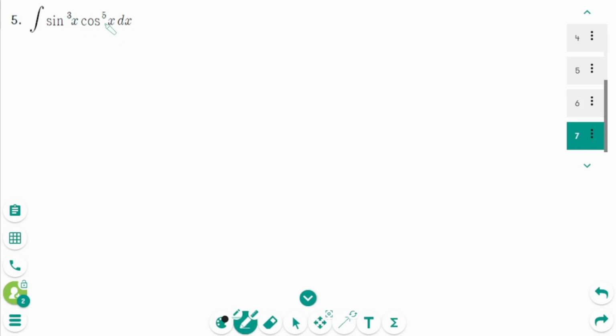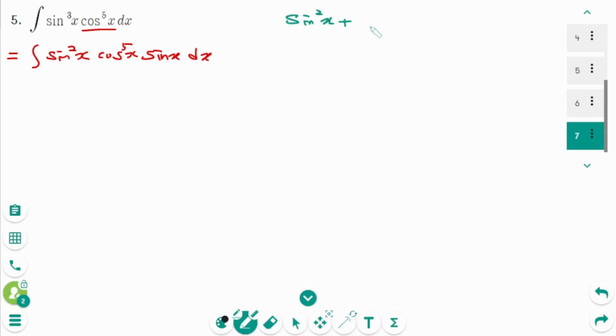The powers of sine and cosine are both odd and different. Since the power of sine is smaller, integral sine squared x, then save one sine factor, and then keep cosine, dx. Convert the remaining factors to cosine. Use the trig identity.